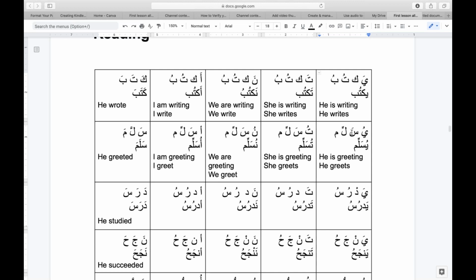Yusa, yusalli, yusallimu. Tusa, la, tusallimu.